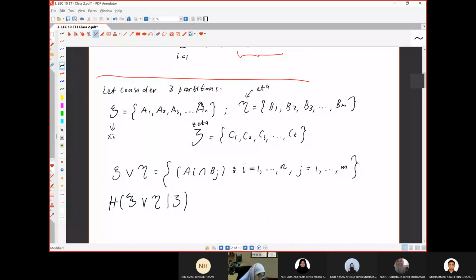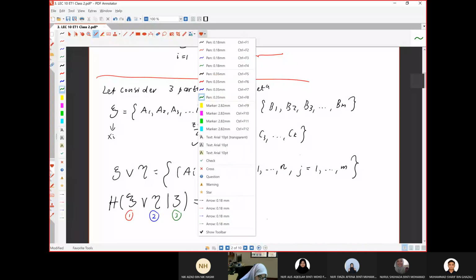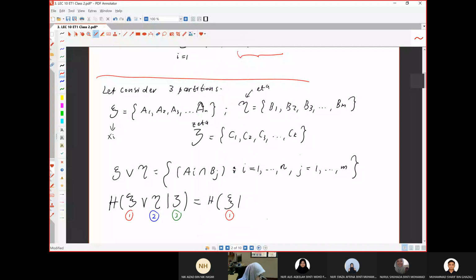For this, to find this entropy, you have to remember this formula. So you have the entropy of psi, which means the entropy of the first one. I put this color. So this is 1, this is 2, and zeta is 3. So I would say H, the entropy of the first one, which is psi, given that the third one, which is zeta.